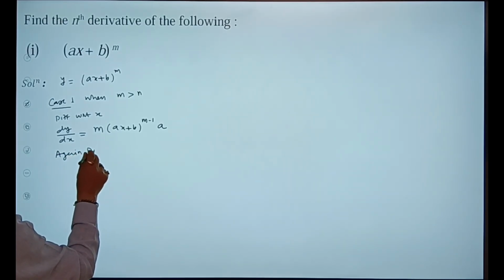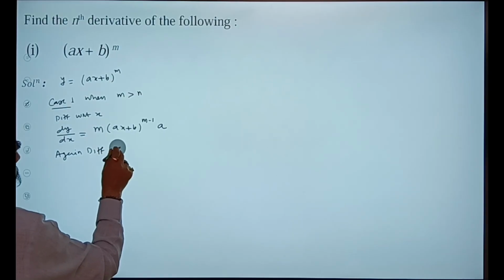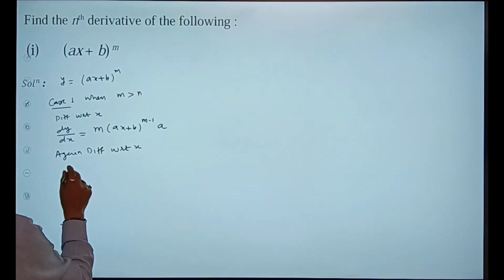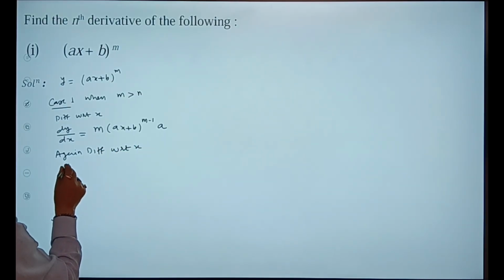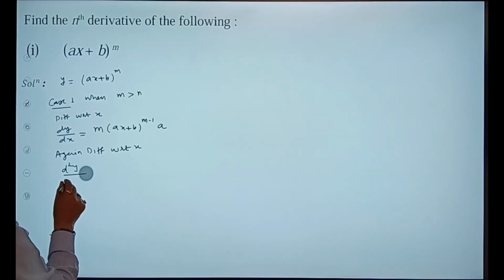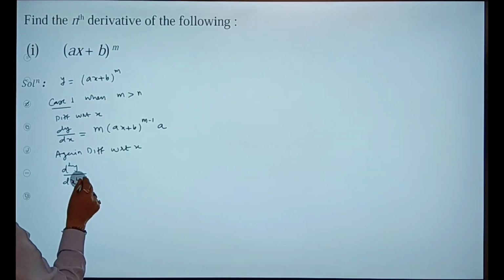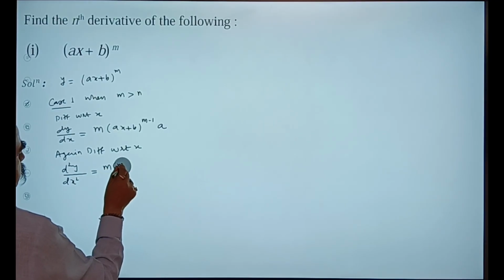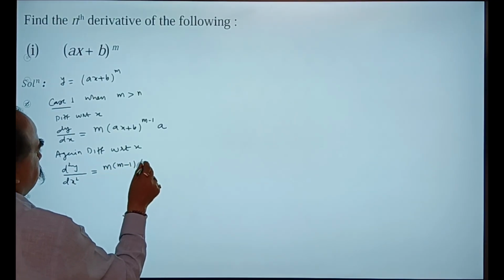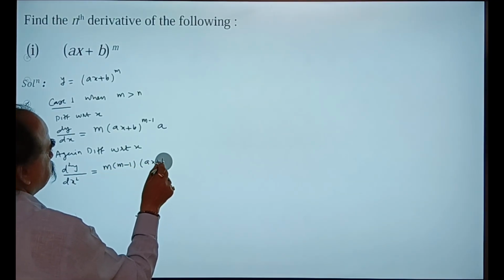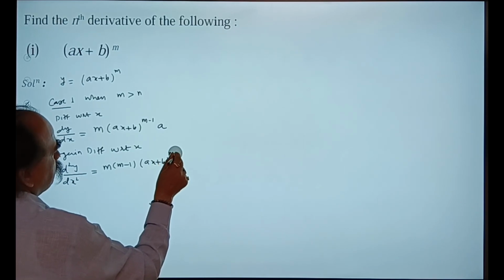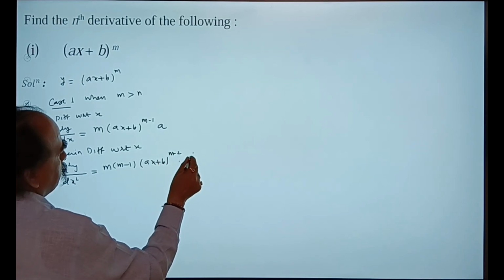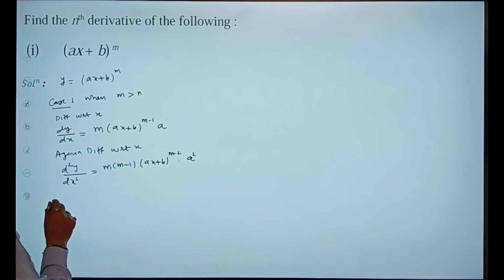Again differentiating with respect to x. d2y by dx square: m into m minus 1, (ax plus b) raised to m minus 2 into a square.